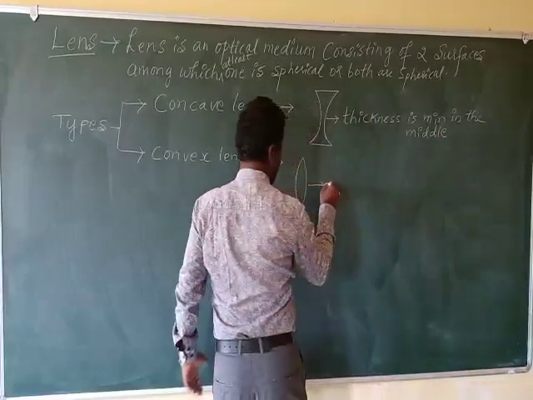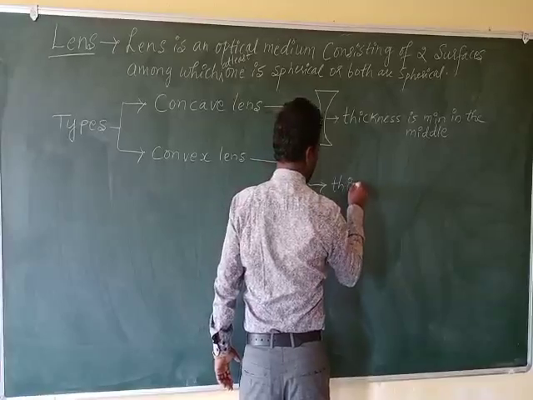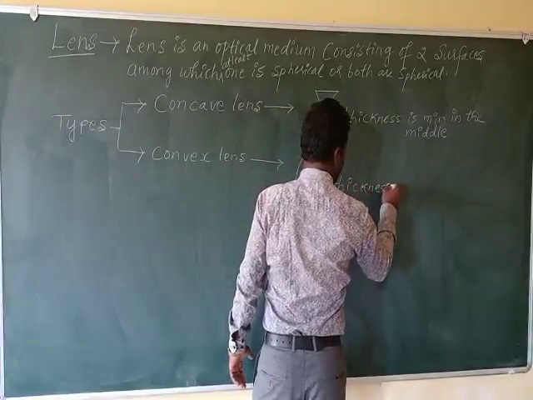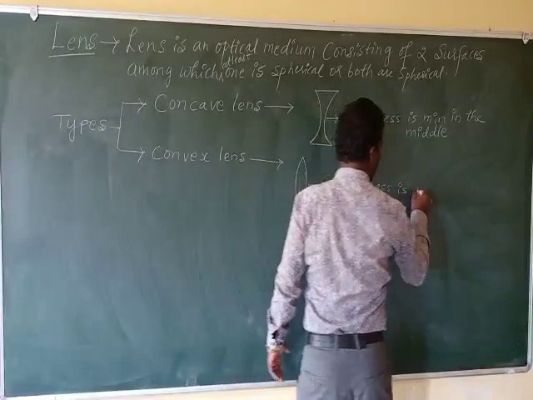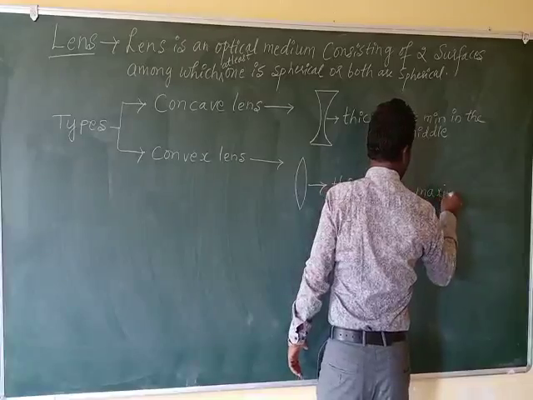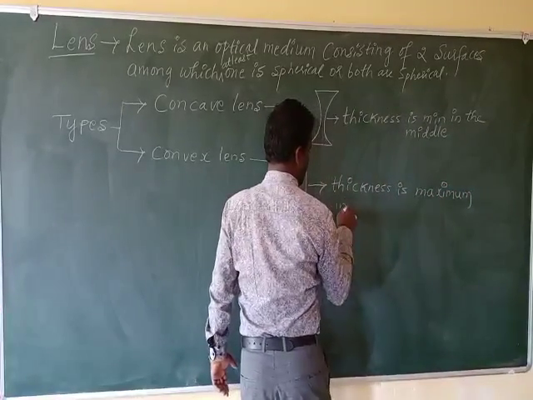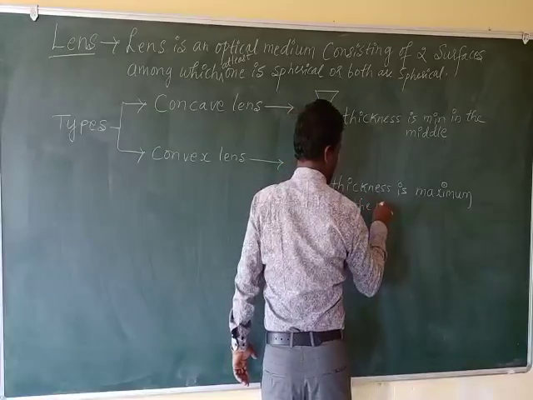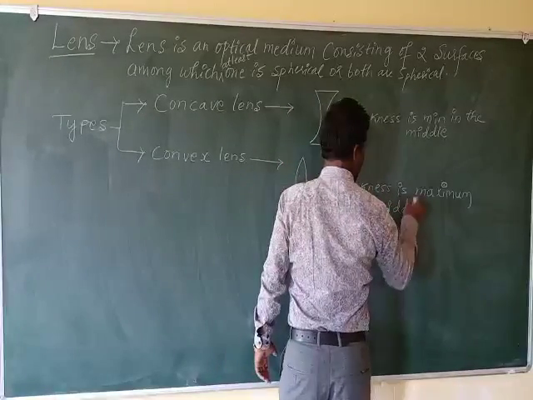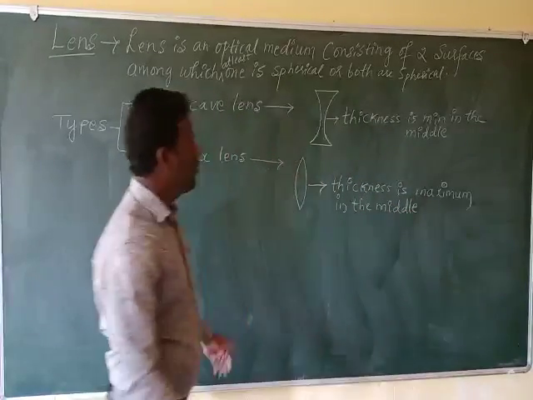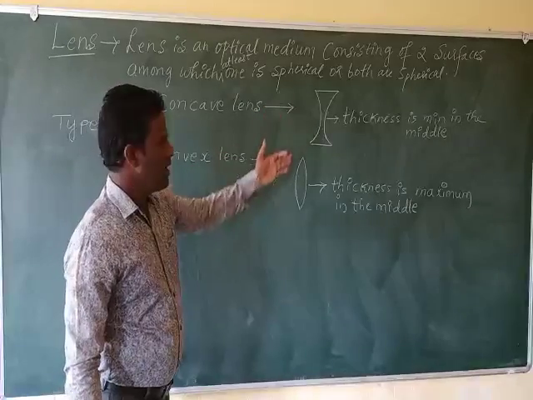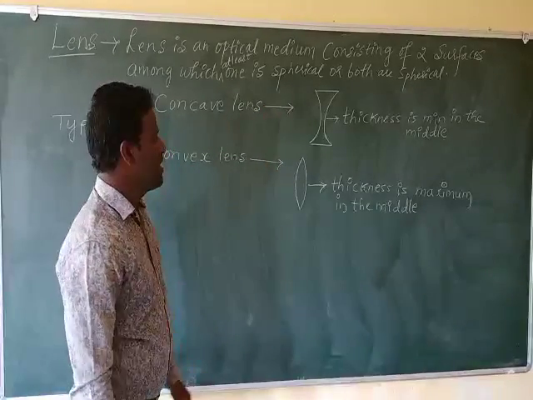Here in the convex lens it is the opposite: the thickness is maximum in the middle. So here the thickness is minimum in the middle, and here the thickness is maximum in the middle.